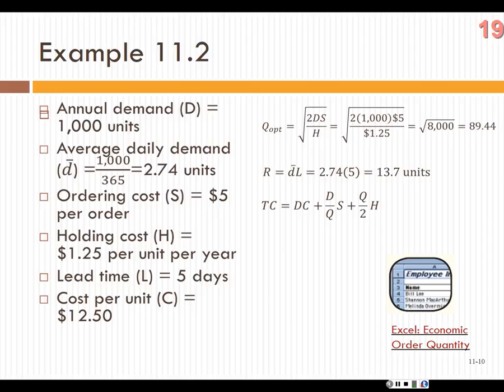So annual demand of 1,000 times cost of $12.50, plus annual demand of 1,000 divided by my EOQ of 89 times $5, which is my setup cost, plus 89 divided by 2, which is my average inventory, times my holding cost of $1.25 per unit. So my total annual cost is $12,611.81.